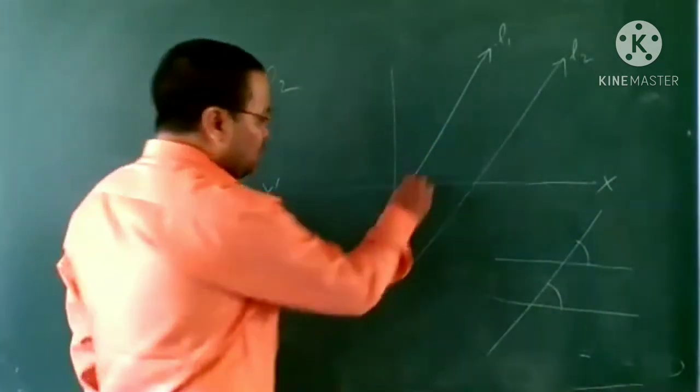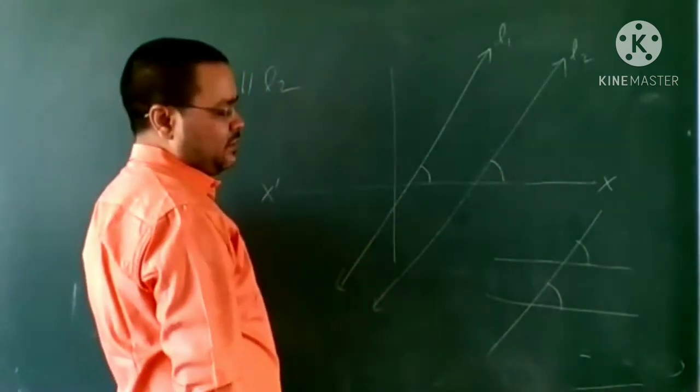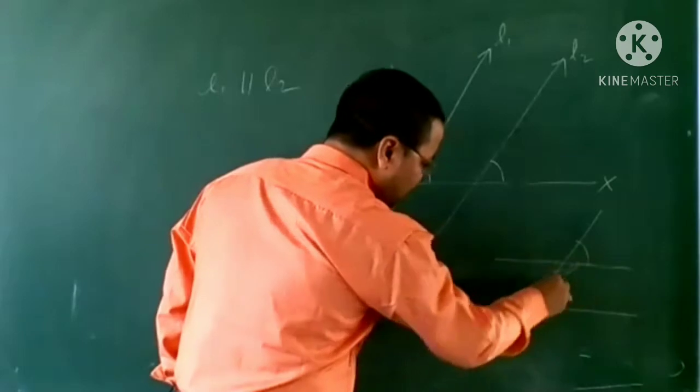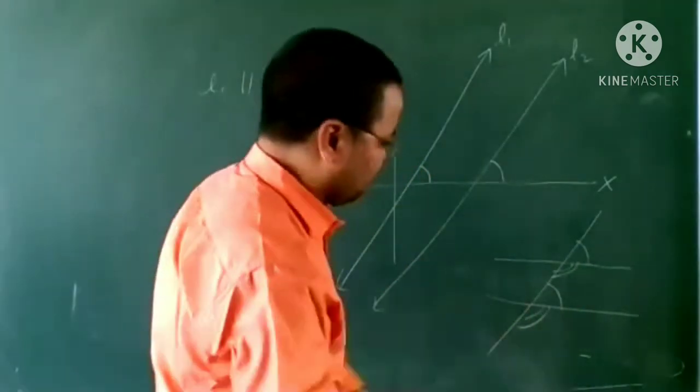So this angle and this angle are corresponding angles. Similarly, here this angle and this angle are also corresponding angles. This is the concept.